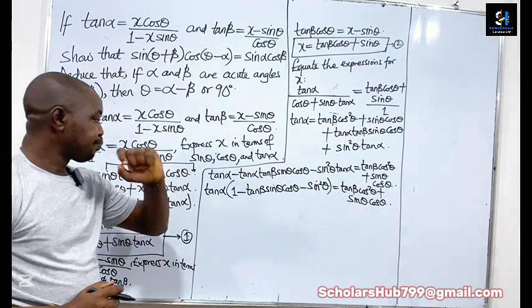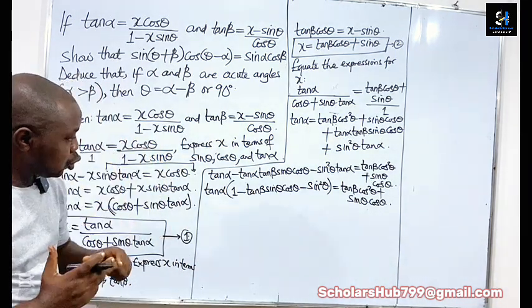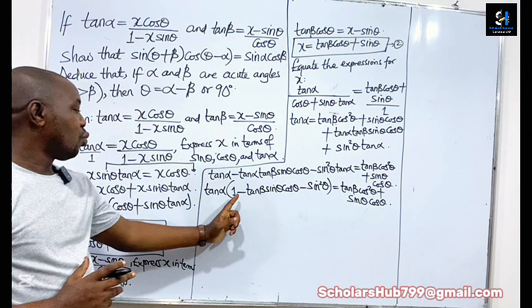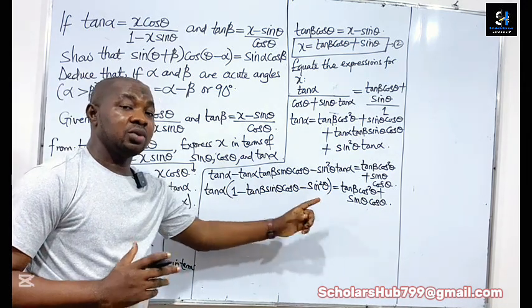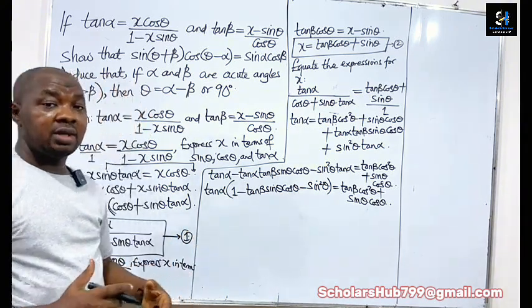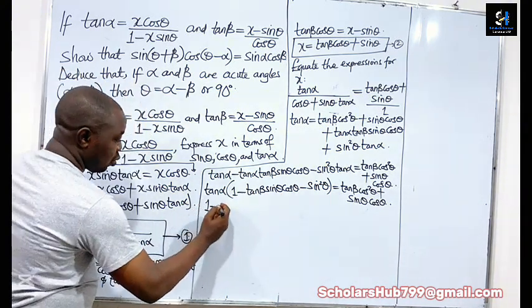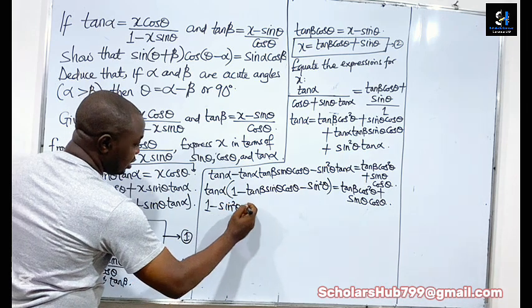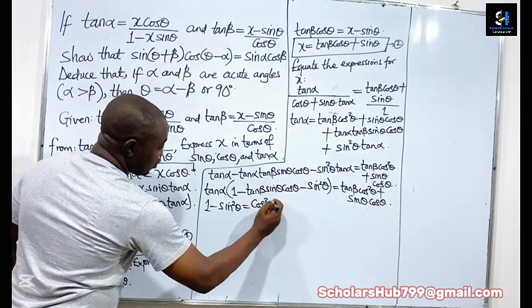Okay, now what I'm going to do is, 1 minus sin squared theta will be equals to cos squared theta using one of the Pythagorean identities. That is, 1 minus sin squared theta is equals to cos squared theta.